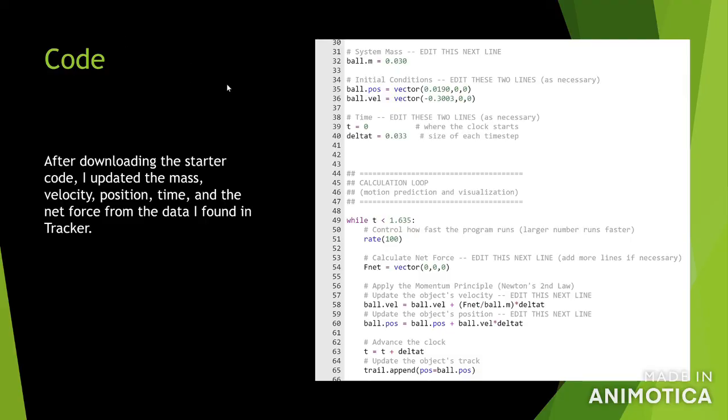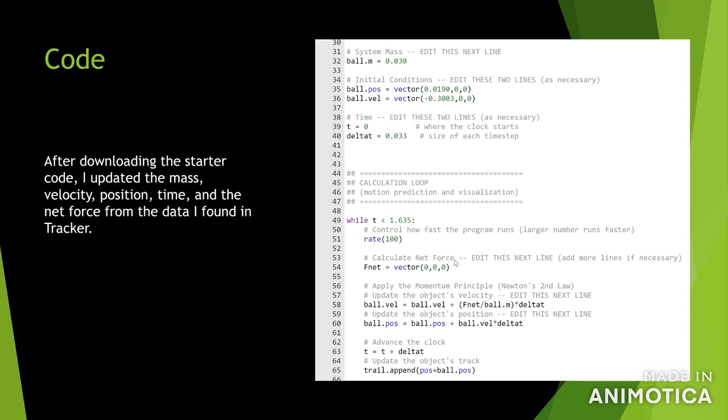The next slide goes into the code I used to create the computational model, the predicted motion. I was given a starter code, and after I downloaded the starter code, I updated the mass, the velocity, the position, the time, and the net force.